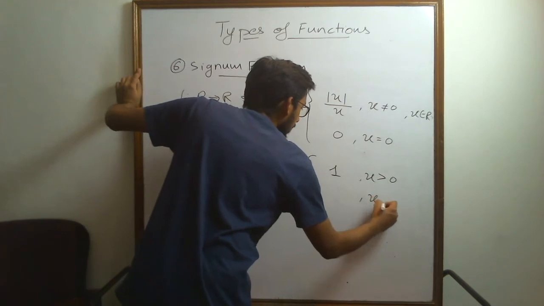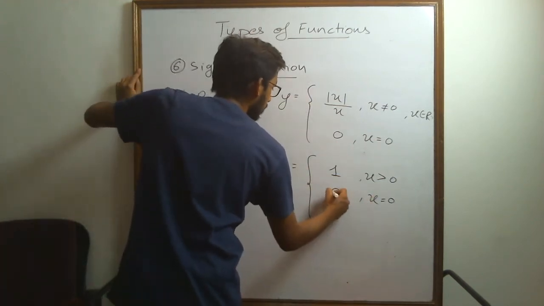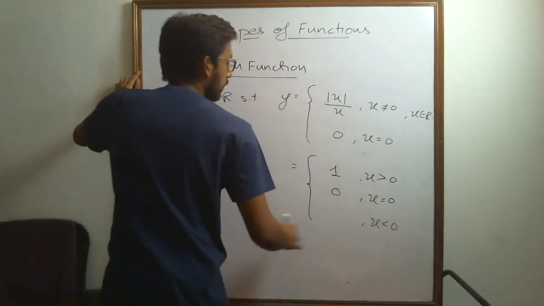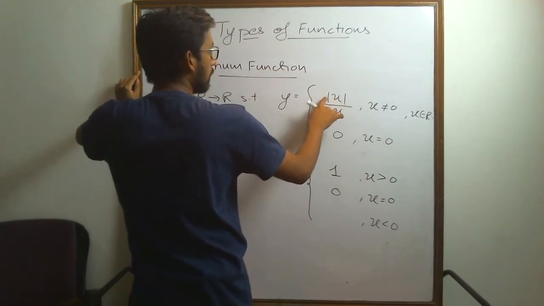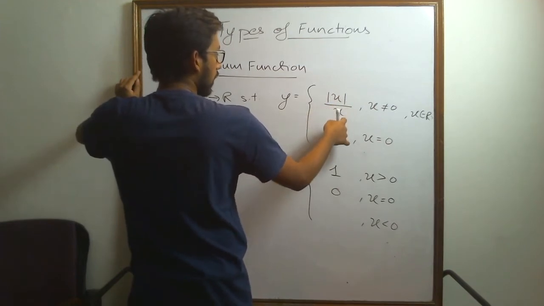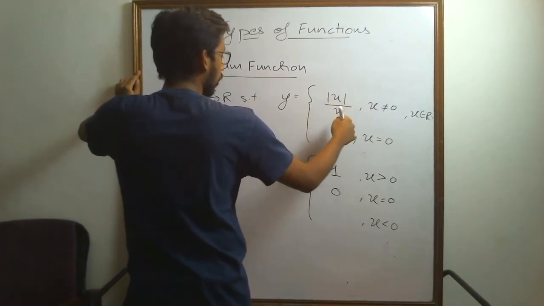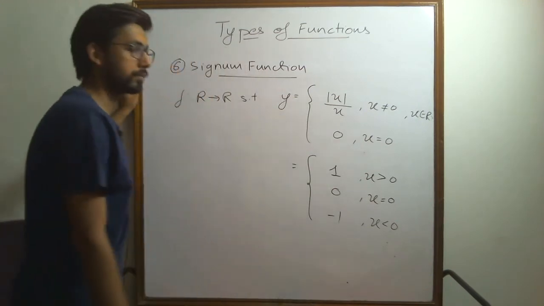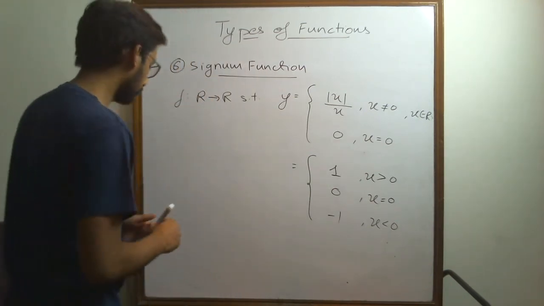If I take the interval x is equal to 0, in that case the definition is 0, and if I take the interval x is less than 0, that is when x is negative, mod x will be written as minus x, so minus x upon x would mean minus 1. So this is the definition of the signum function.